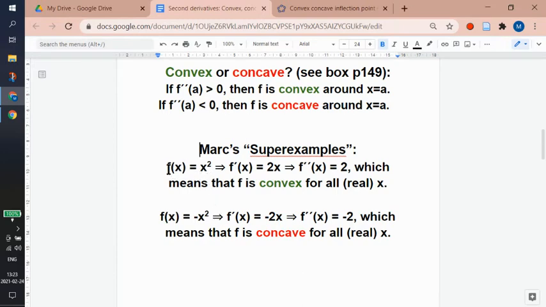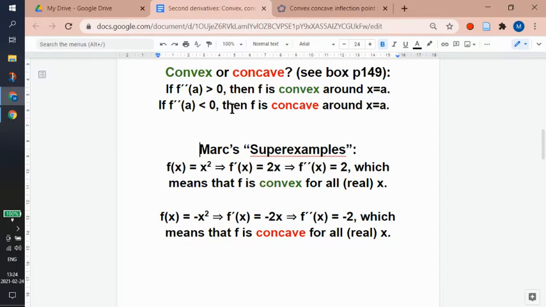If f of x is x squared, then the derivative f prime of x is 2x, and the second derivative f double prime of x is equal to 2. So for this function, the second derivative is 2 for all values of x.